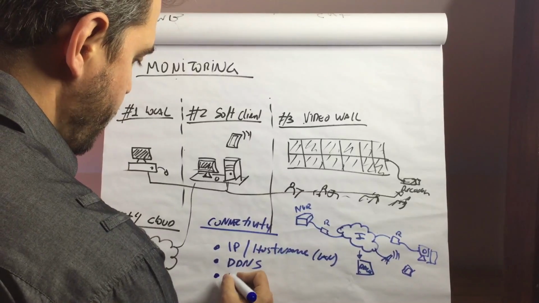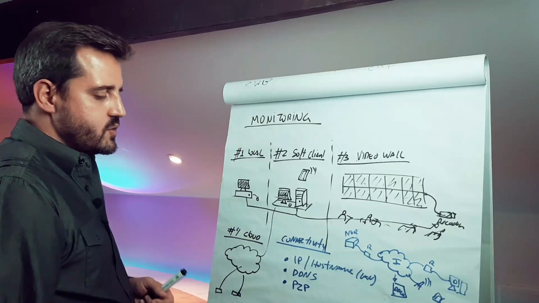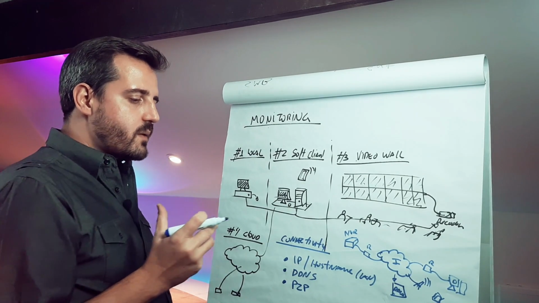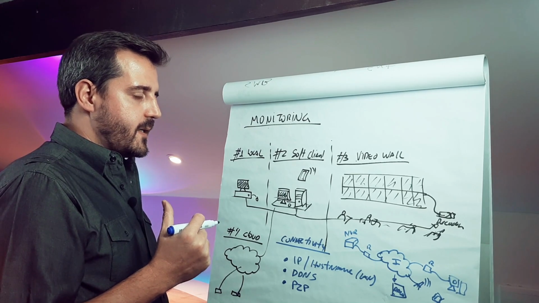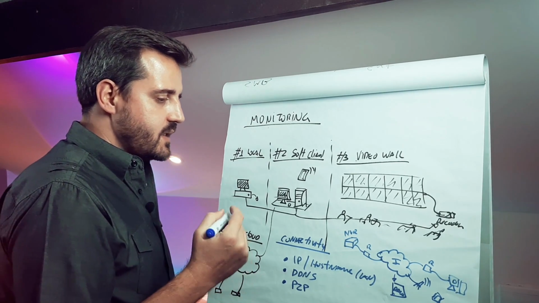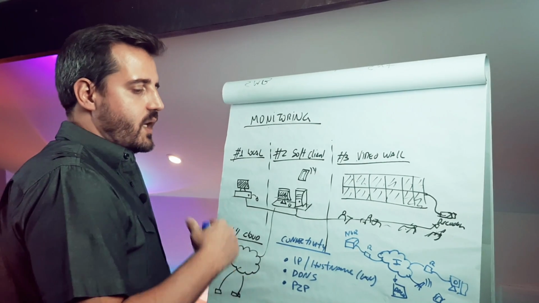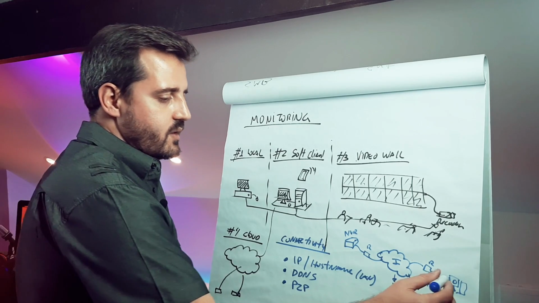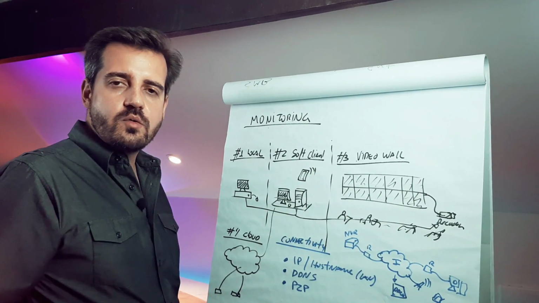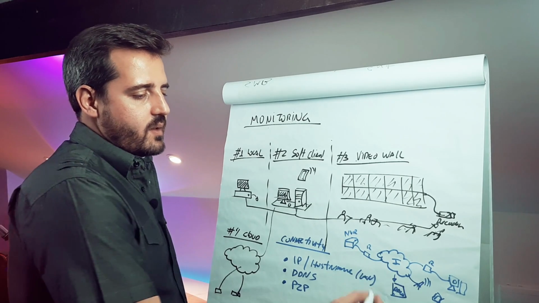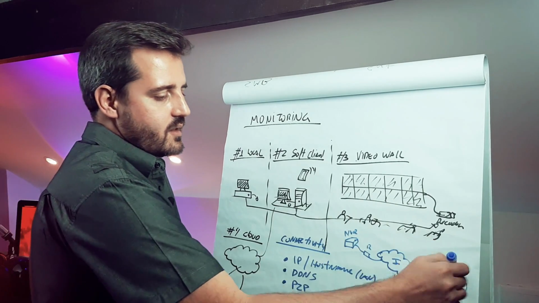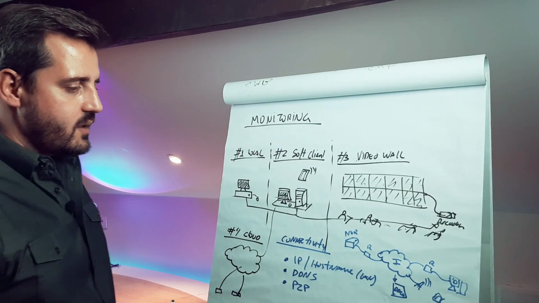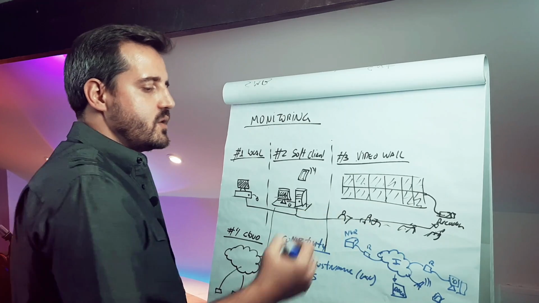Okay, and then we'll have the P2P. P2P is similar to the DNS, but it's easier because you don't have to set up basically anything. We need to enable it in the NVR, and then you basically scan a QR code in the mobile device, or include a P2P ID in the software, and it will automatically connect. So it looks like magic, but it has its own way to do this process.